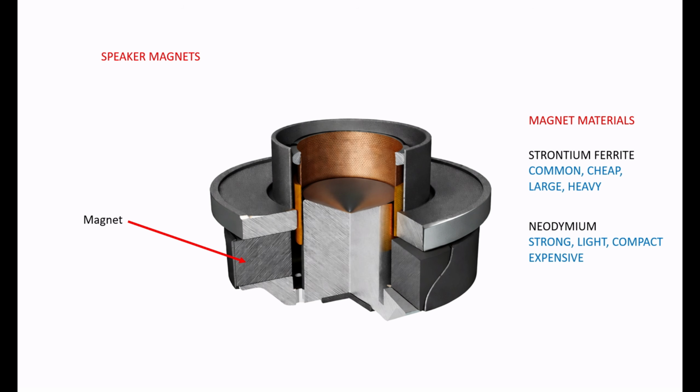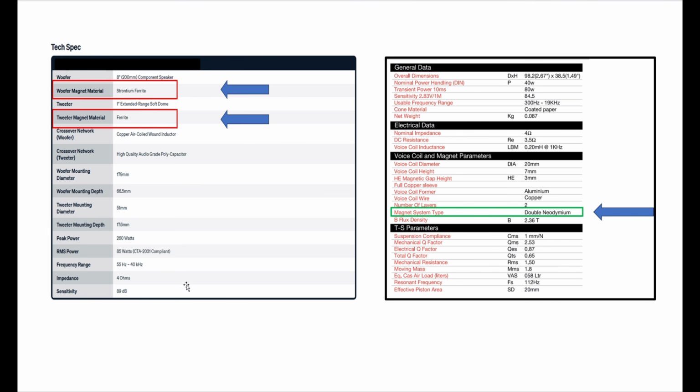Because they're stronger magnetically, you can have a smaller magnet to produce the same level of magnetic force as the equivalent ferrite magnet, right? So when you're looking on your technical sheets, it'll have the magnetic material for the woofer or the tweeter, and you'll see ferrite or strontium ferrite or ceramic ferrite or some term like that.